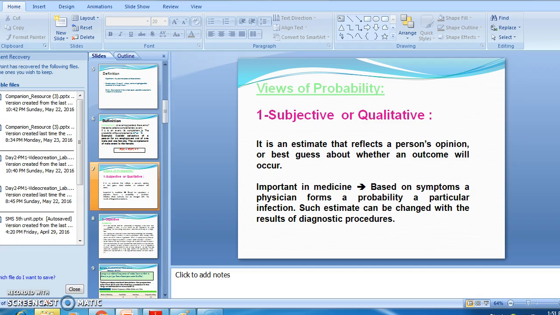Important in medicine. Based on symptoms, a physician forms a probability of a particular infection. Such an estimate can be changed with the results of diagnostic procedures.